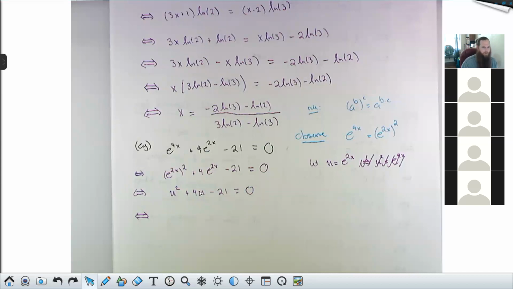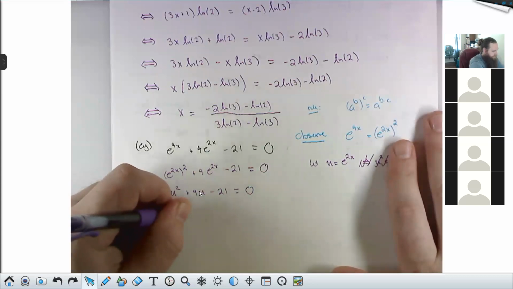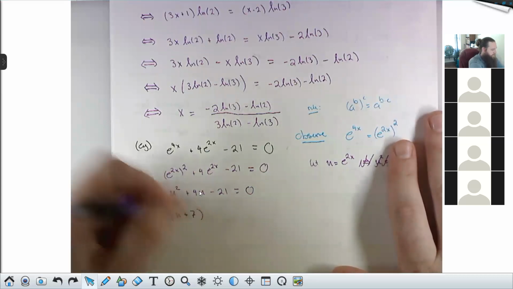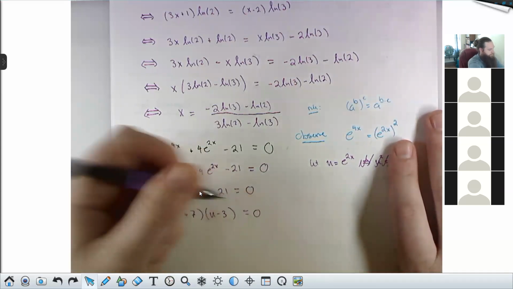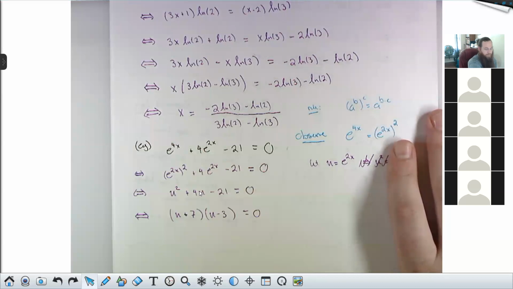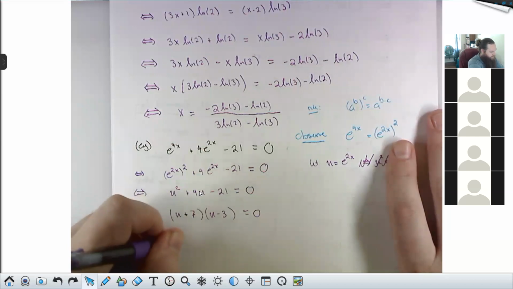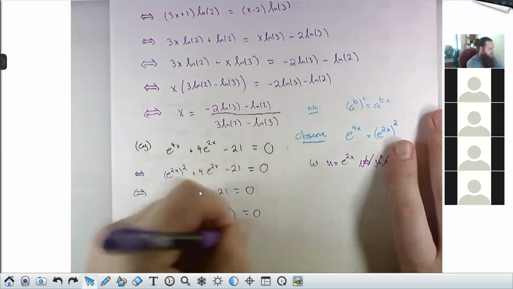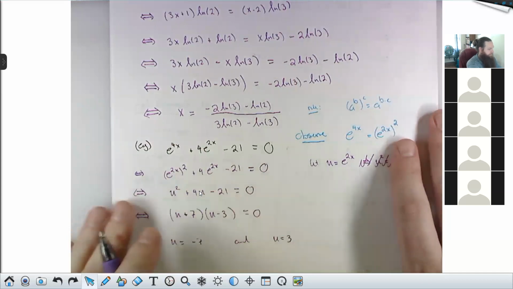But here, this is fairly easy. This is u plus 7 times u minus 3 equals 0. So we get the two solutions in terms of the variable u. U equals -7 and u equals 3.